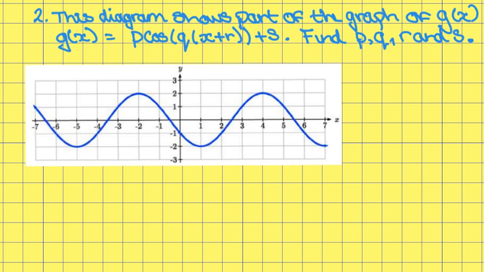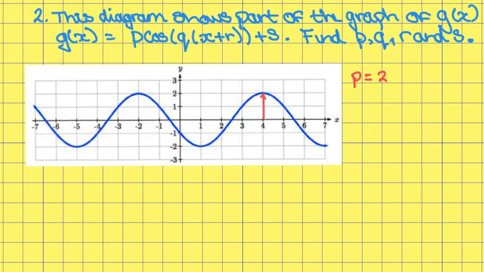So we're given part of the graph, and the first thing we need to do is work out p, q, r, s. Well, p is the amplitude. We can see that the amplitude is going from 0 to 2. So p is equal to 2.